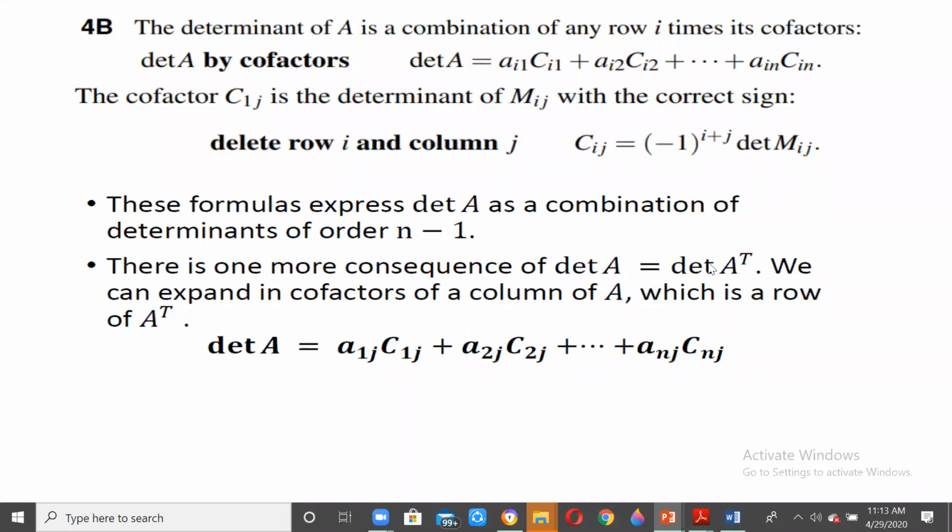It is just by exchanging the columns and rows, we will get this. We can expand in cofactors of a column of A, which is a row of A transpose. So how do we get the transpose? By exchanging the rows and the columns. And in that case, you will get the formula like this, compared to this.